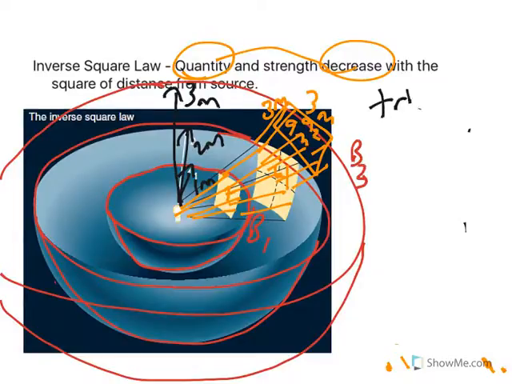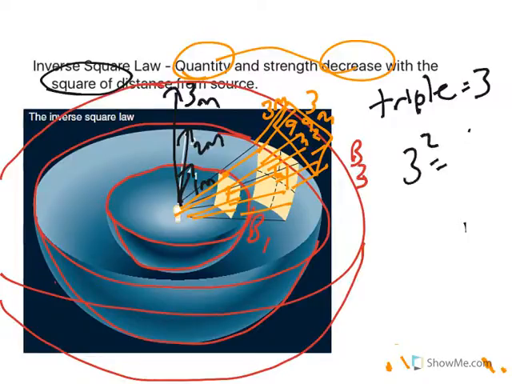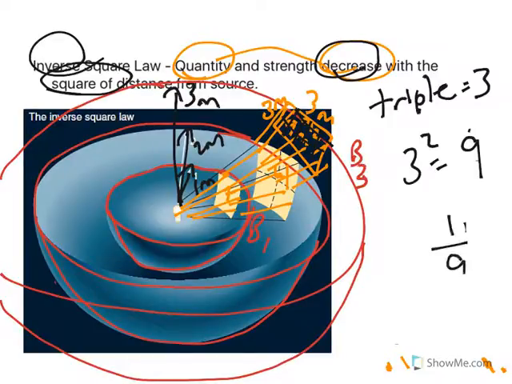We tripled our distance. Triple is 3, and the square of the distance is equal to 9, so that explains why we have 9 blocks in our square on our hemisphere. And the decrease and the inverse mean that the 9 is in the denominator, so the brightness at 3 is going to be 1/9 the brightness at 1.